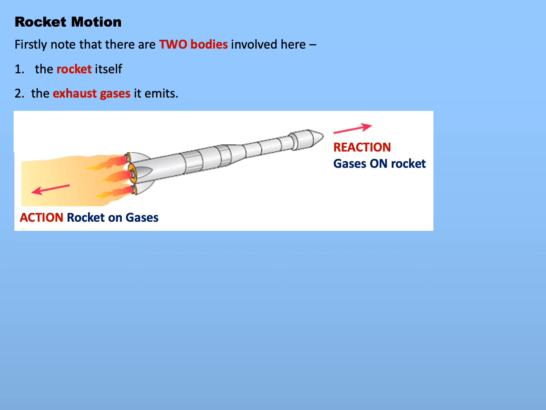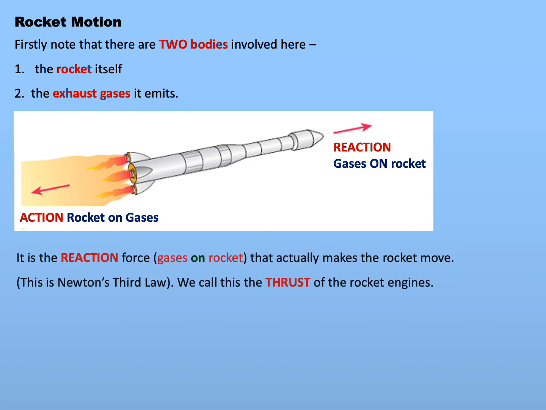We just invert the words and we get reaction force, gases on rocket. Now, it's that reaction force, gases on rocket, that actually makes the rocket move. And this is Newton's third law, of course, action and reaction. We normally call this reaction of the gases on the rocket the thrust of the rocket engines.